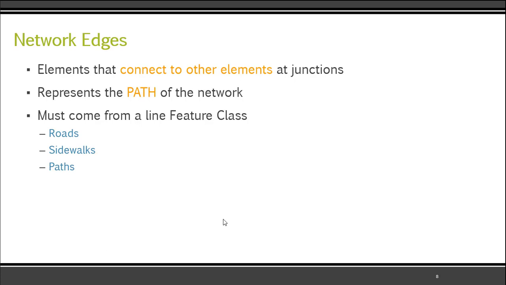If you're perhaps modeling how people use trails in a trail system and how they move along those trails, those pathways would be the line data set that you put into your network. So it's all about who your agent is and what type of path they move along, and that defines the type of edge that's going to be in your network.